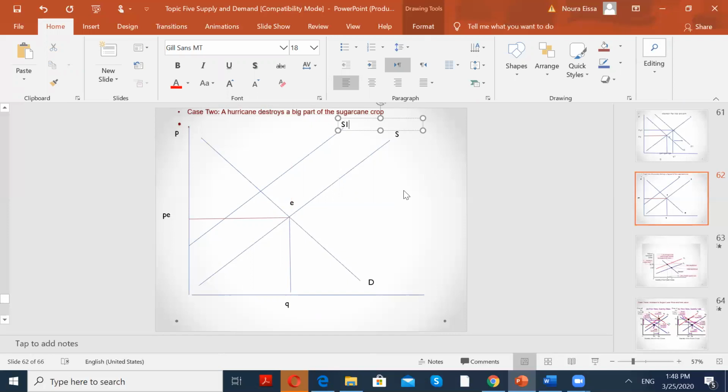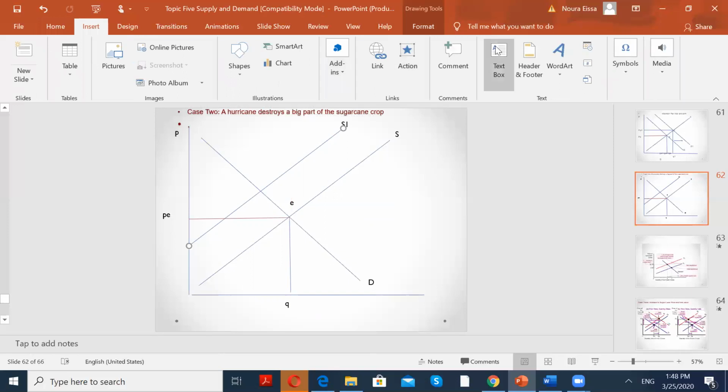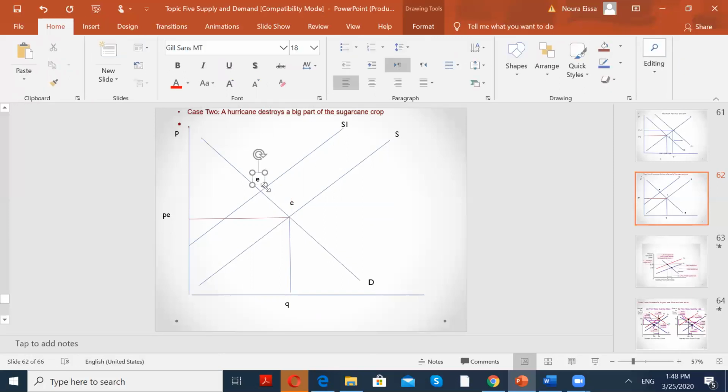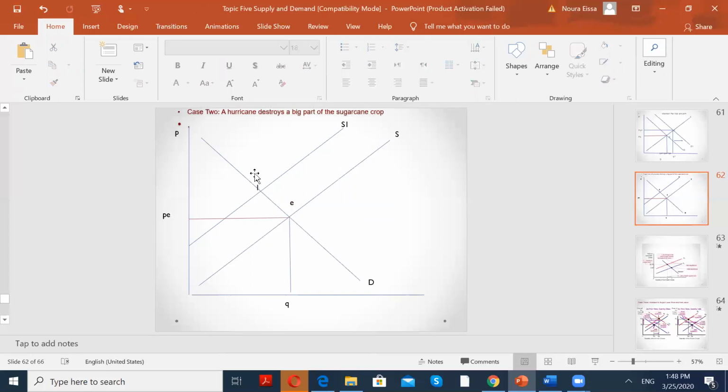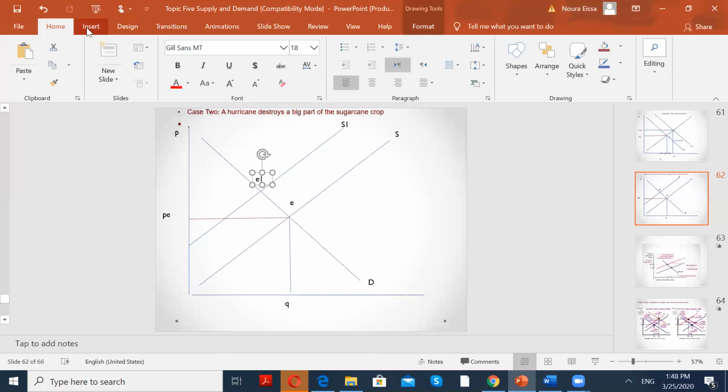And right here we have E1. Okay, now what do you need to do? I don't stop here. I need to show my arrow that the shift has happened.